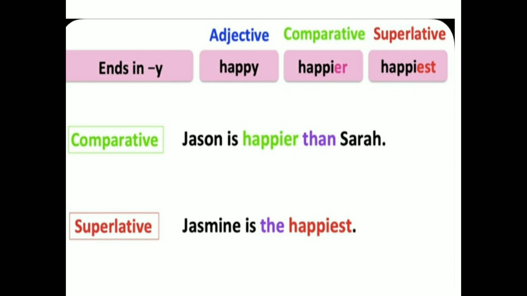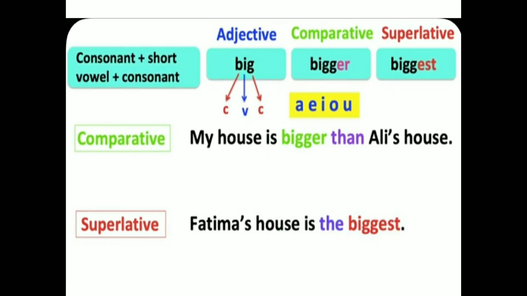If a word ends in y, we remove the y and add ier for comparative and iest for superlative. For example, lucky, luckier, luckiest; happy, happier, happiest; pretty, prettier, prettiest. Let's see with sentence examples. Jason is happier than Sarah. Jasmine is the happiest.